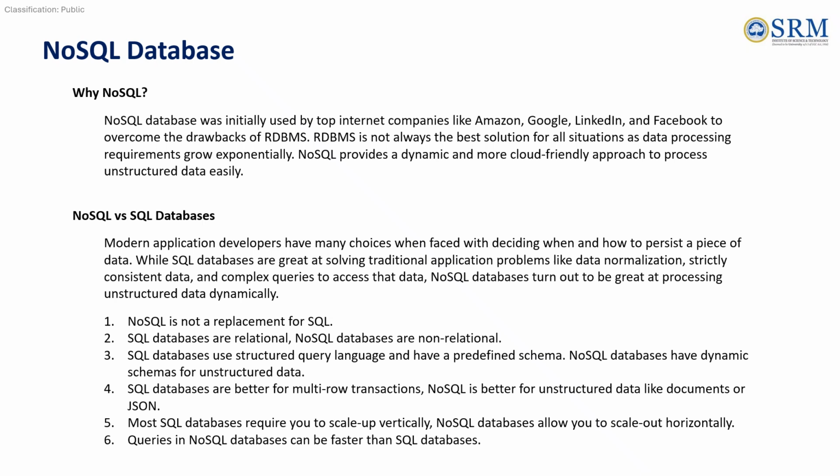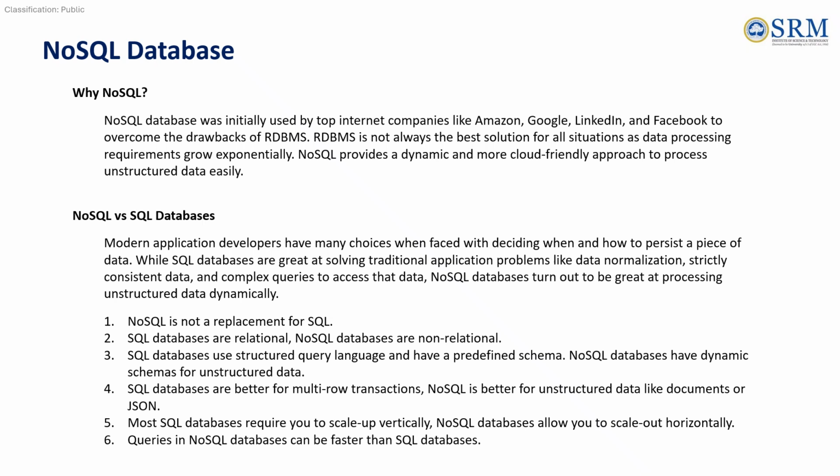Traditional SQL databases are relational databases. They use structured tables with predefined schemas and structured query language for managing data. In contrast, NoSQL databases are non-relational and support dynamic schemas. This means the structure of stored data can change easily without redesigning the entire database.